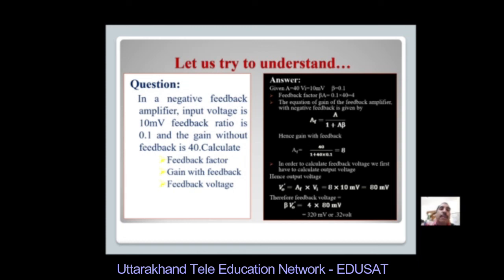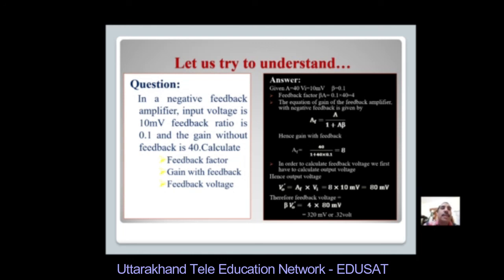We have to calculate the feedback factor, gain with feedback and feedback voltage. So if we solve this, the gain without feedback is 40, the input voltage is 10 millivolt and the feedback ratio is 0.1.